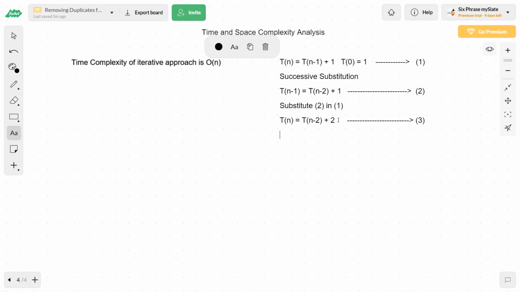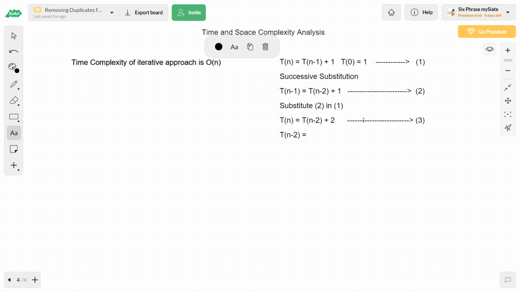Now we need to find the value of T of n minus 2. So T of n minus 2 is equal to, in equation 1, instead of n, substitute n minus 2. On the left side I already substituted n minus 2 instead of n.